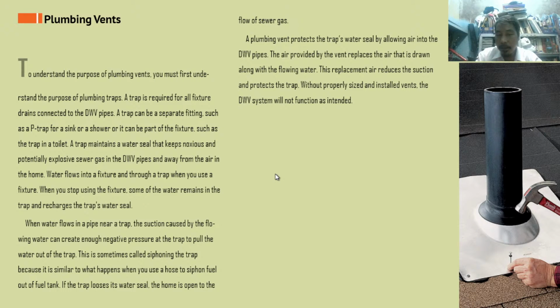A plumbing vent protects the water seal by allowing air into the DWV pipes. Without that vent, there is always a negative pressure to siphon the water seal, so the water seal will always be broken.